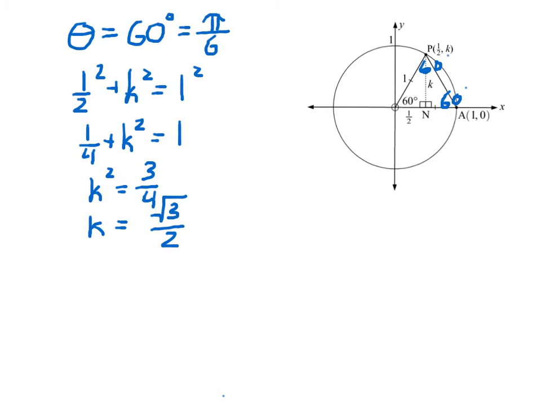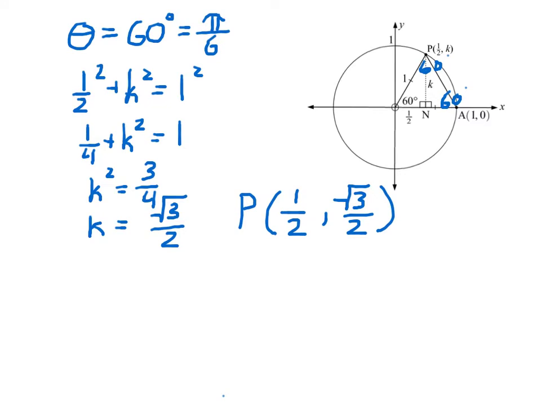Therefore, the coordinates for the point at an angle of 60 are 1/2 and the square root of 3 over 2. And again, much like we did for the multiples of 45, I can quickly come up with all of the coordinates for the multiples of the angle 30, actually.